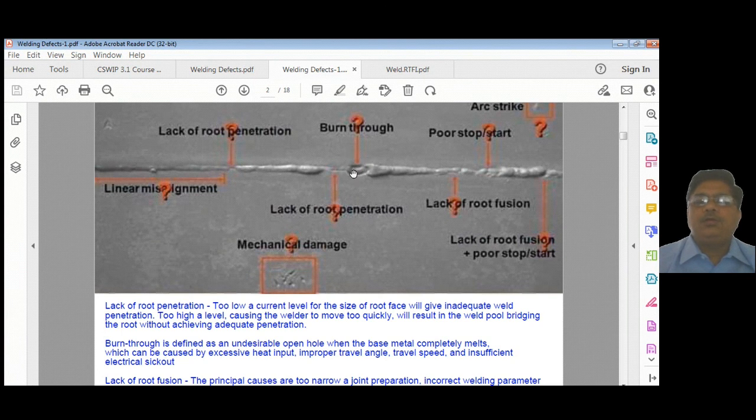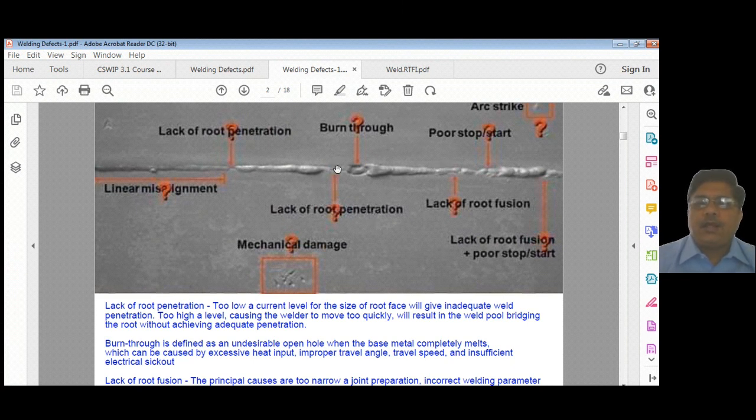You can see burn through here, and here poor start and stop. So he came up to here, or may have started from here. He did a bit of a good weld, then a start stop, not proper, and again he picks up from here, and again there is a burn through here. So it's not a good welded root joint.